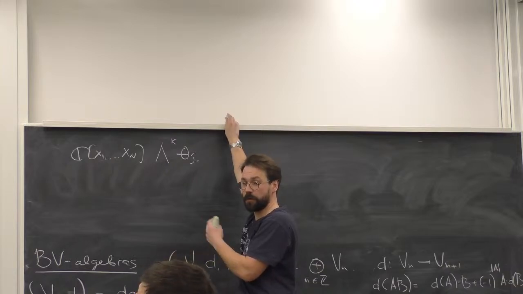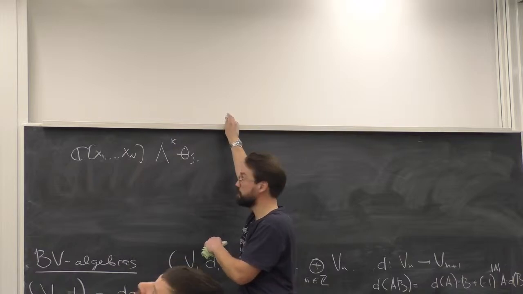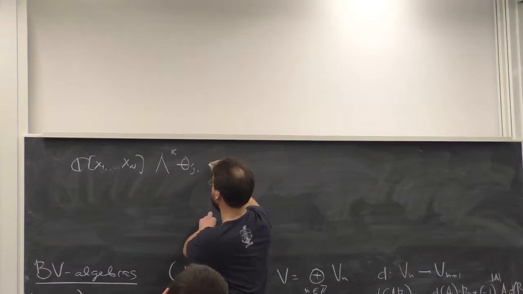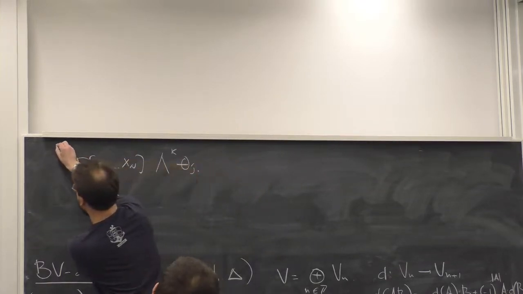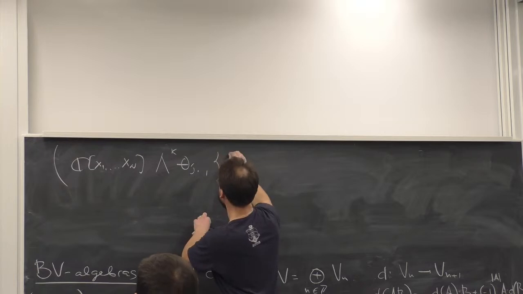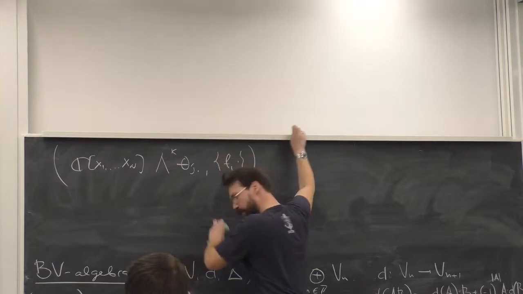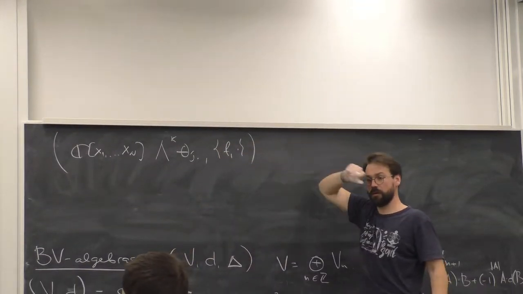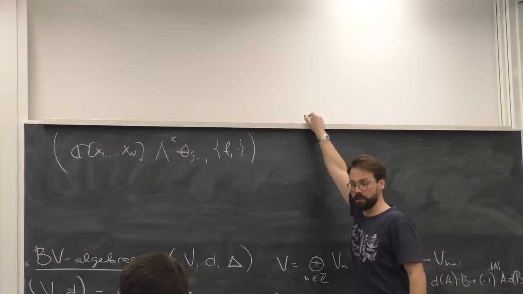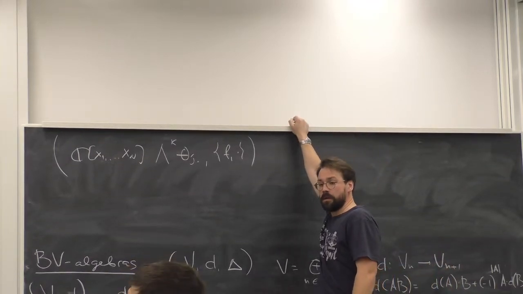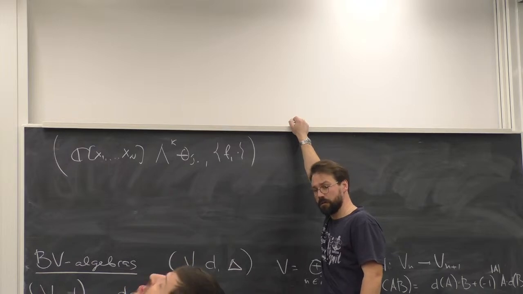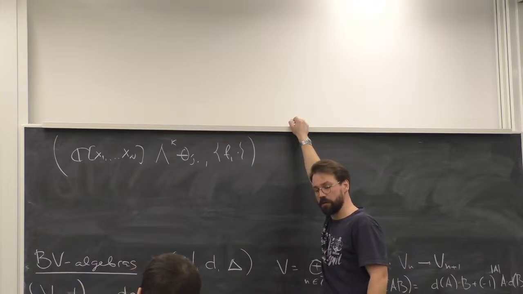So indeed holomorphic polyvector fields, only holomorphic coefficients, because this is not dependent on the x bar, from your notation.